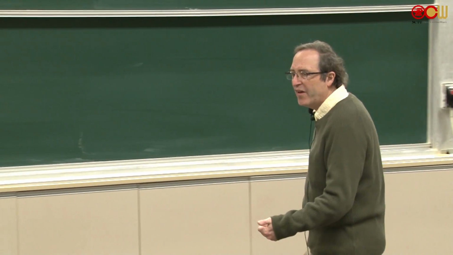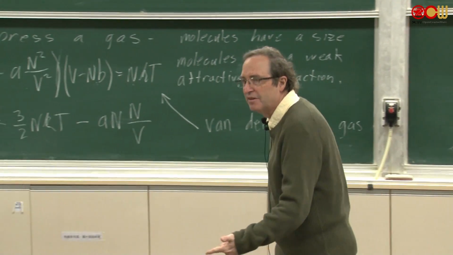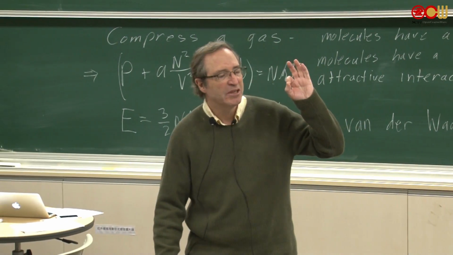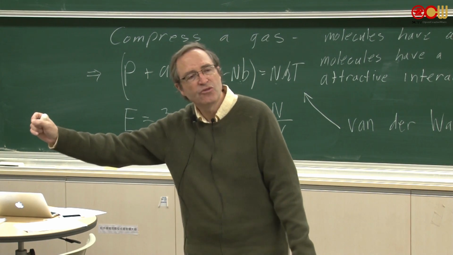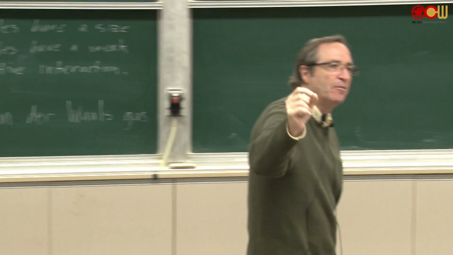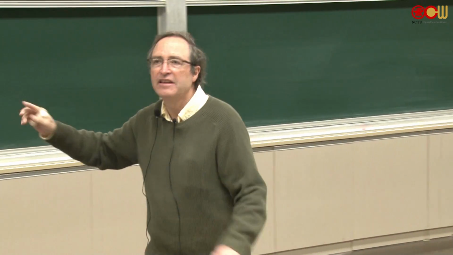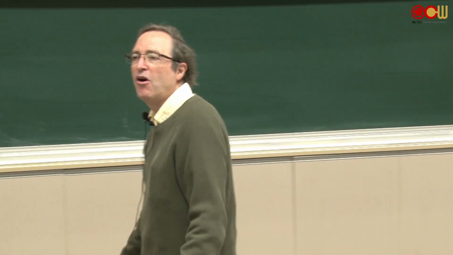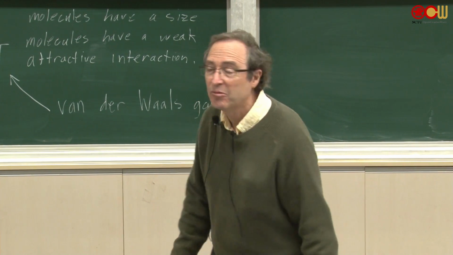They're both at the same volume, same temperature. But one gas can be treated as point particles, and one gas can be treated as not point particles. It has a size. The molecules have a size. All right? And the same number of molecules in both. Which one has the higher pressure?